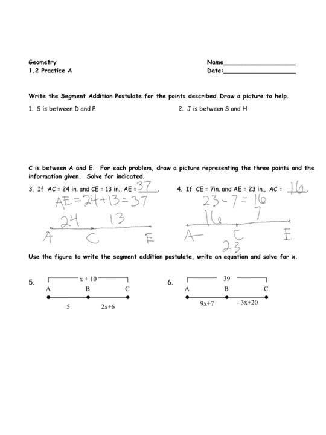Now number 5. Use the figure to write the segment addition postulate. Write an equation and solve for x. So we just really need to solve for x. So let's see here. We know that AB here must equal 5 and BC is 2x plus 6.